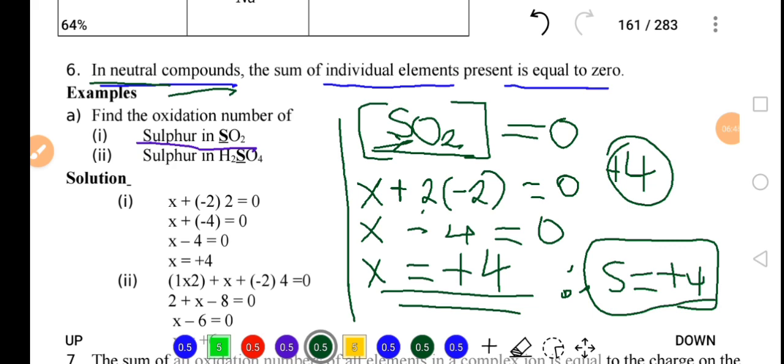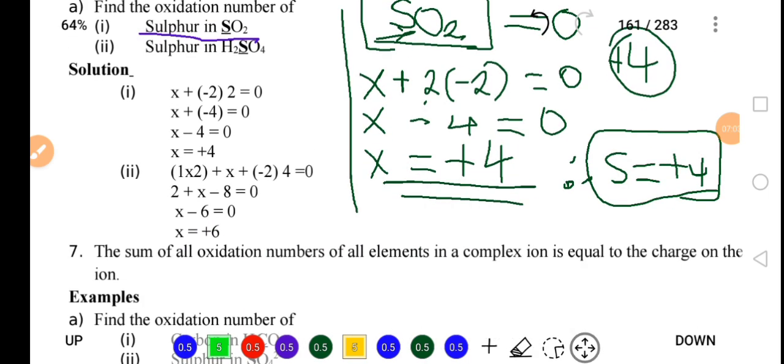So to communicate scientifically that we are talking about oxidation number, the sign is very, very important. Don't even think that the teacher is going to add a positive for you. Never. So you can see that this is the answer there.